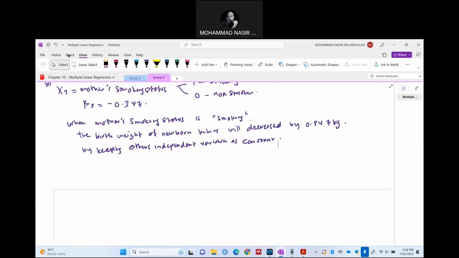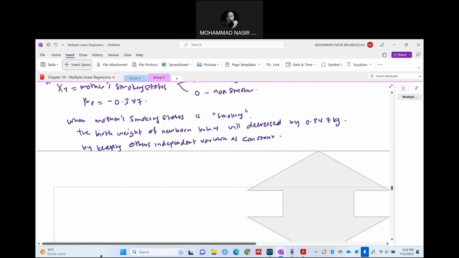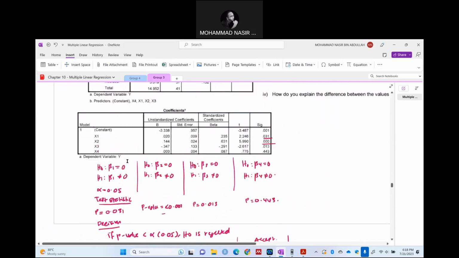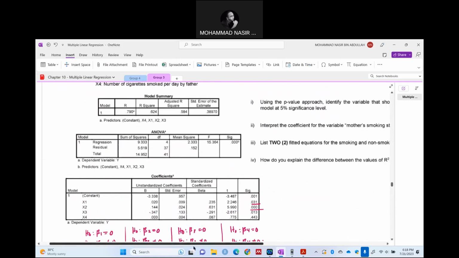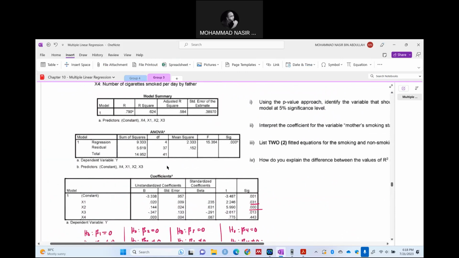Next question, C. So we want to estimate the equation for smoking and non-smoking mother, right?